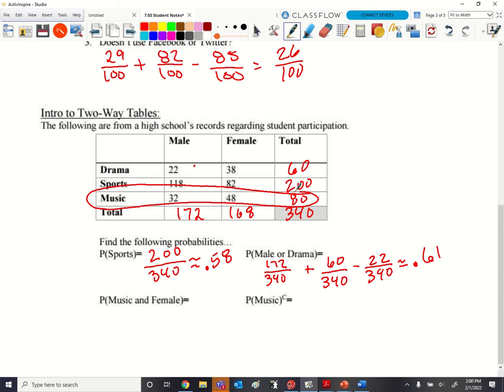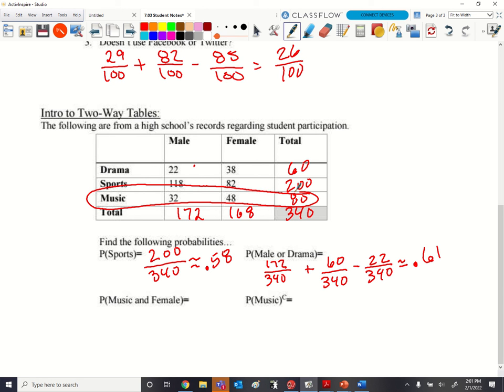Music and female. Is there 48? Just 48? Music, so I just look at that, and of that subsection, there's only 48, right? That's why I say these ands are easier.